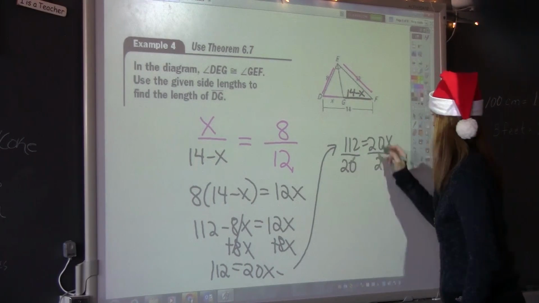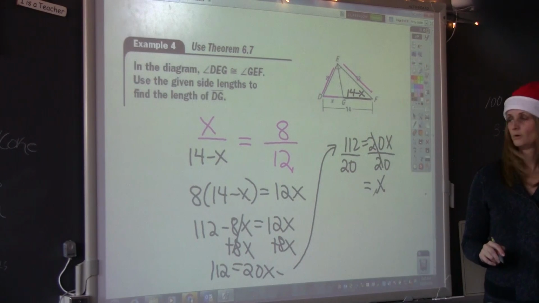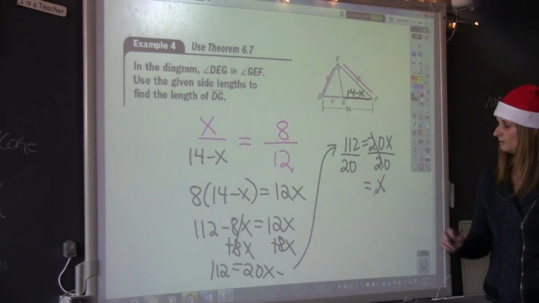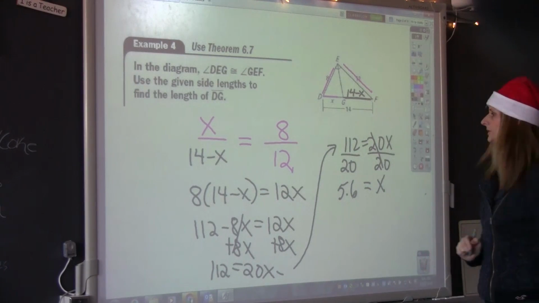X is 20. Oh, it's 5.6. Is that right? Yeah.